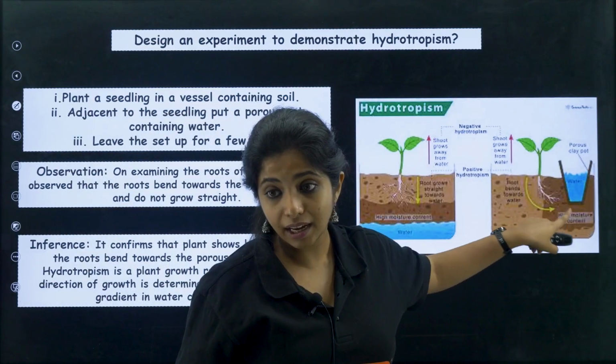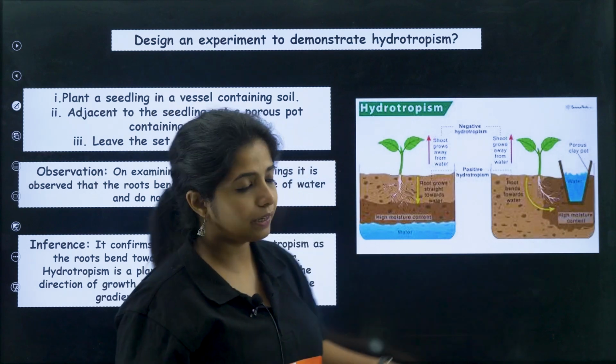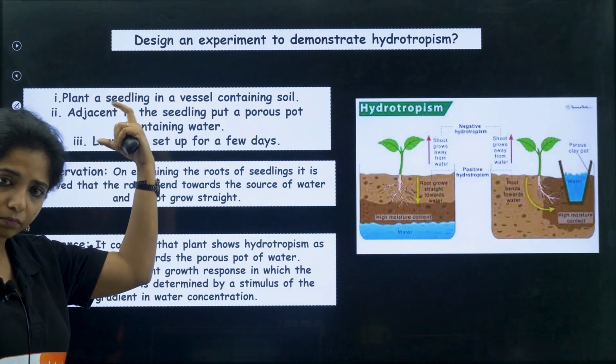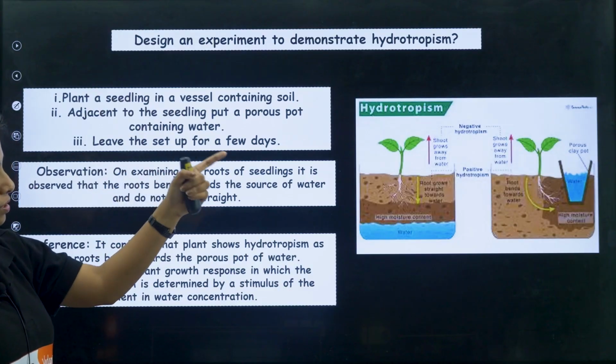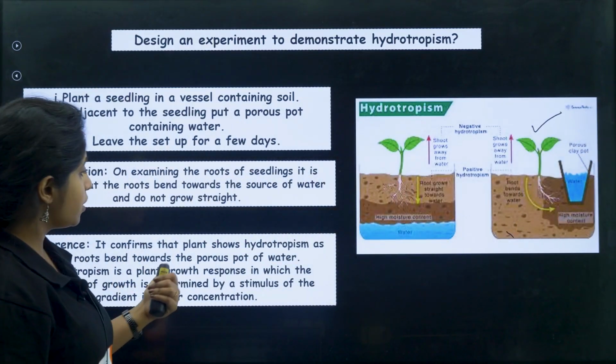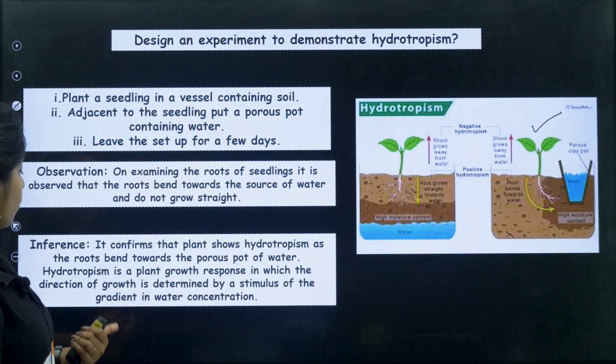But over here you see the area which is having water. That's why it is moist. The color is changed, right? So the roots will be moving towards that. So write like this only. First show procedure, then show observation. Make that diagram. You don't need to make this. Make this diagram. It confirms that plants show hydrotropism as the roots bend towards the porous pot of water.